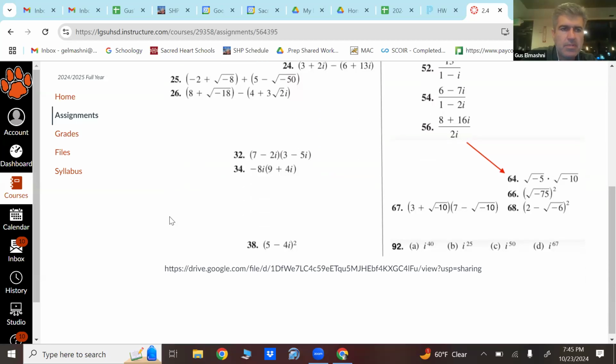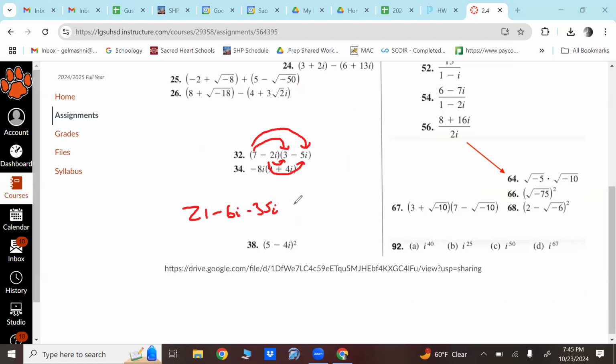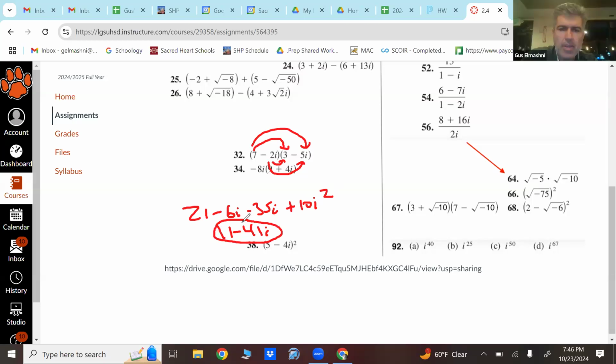Here you want to FOIL. So that should be pretty straightforward.